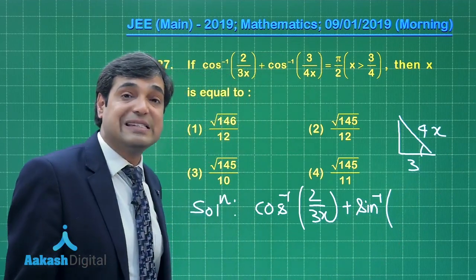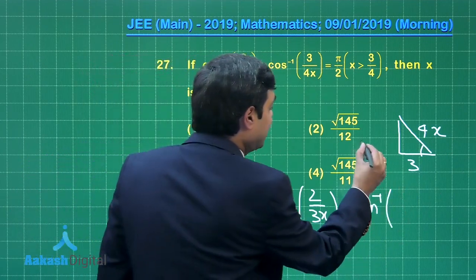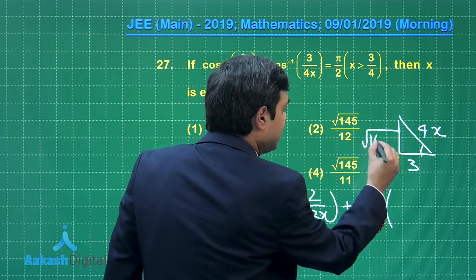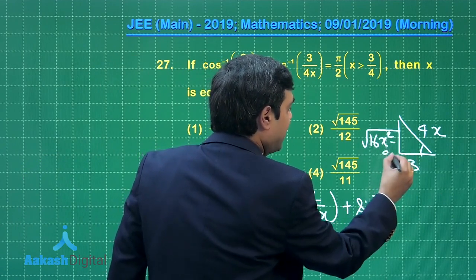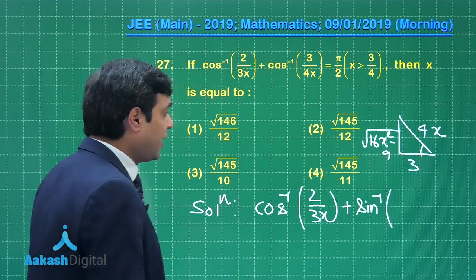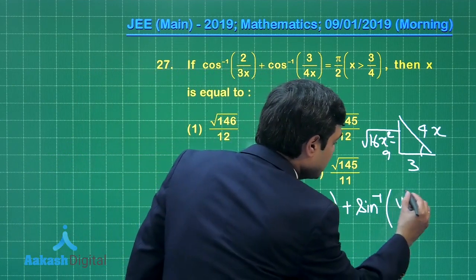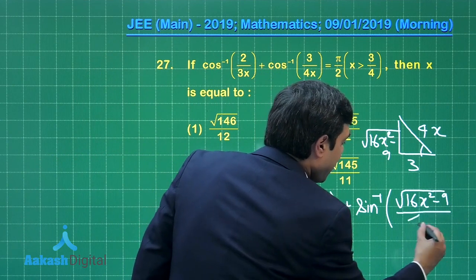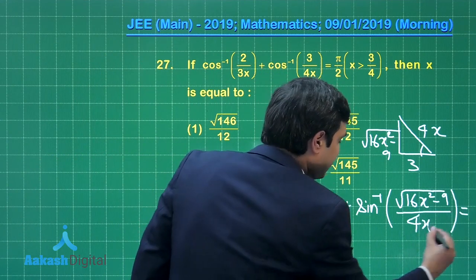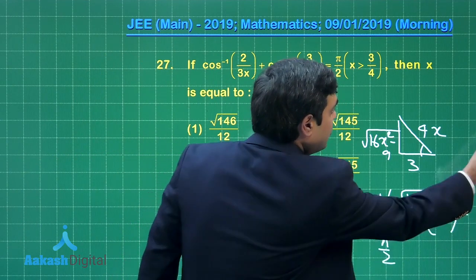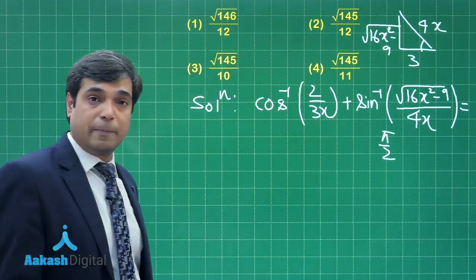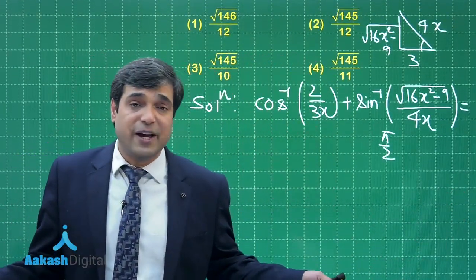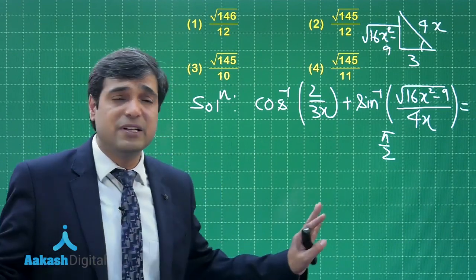So, the third side is the square root of 16x square minus 9. Correct. So, we can write here sine inverse of square root of 16x square minus 9 divided by 4x is equal to pi by 2. So, this is the equation given. Sin inverse x plus cos inverse y is pi by 2, meaning x equals y, simple solution.